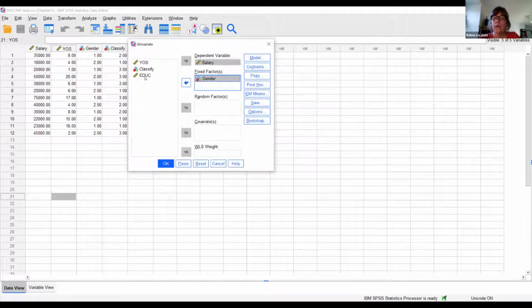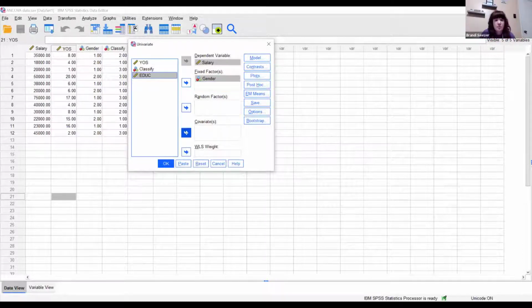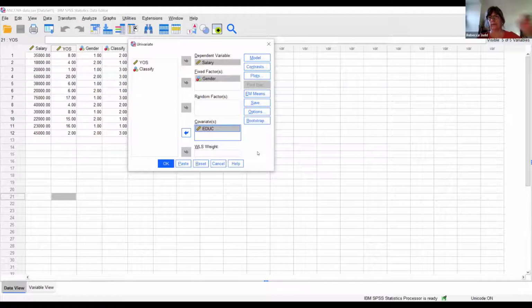And we're going to say our covariate is going to be, do I want education or years of service? Okay, we're going to say education. So our covariate is going to be education.